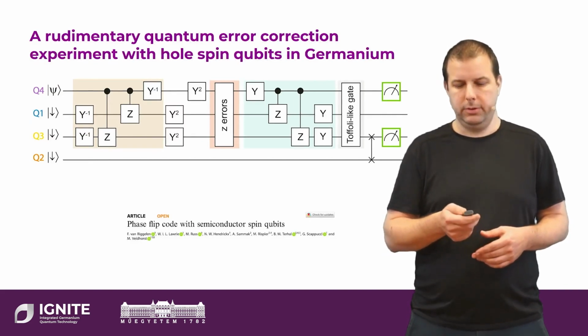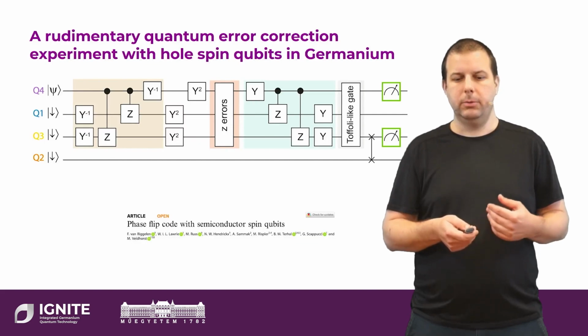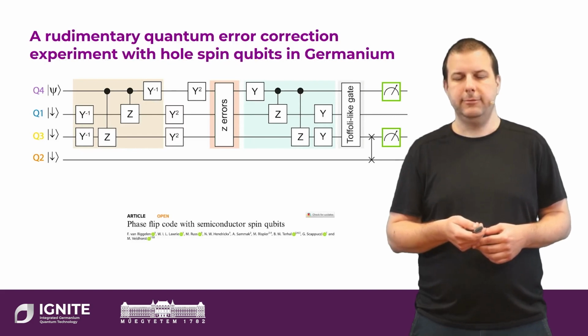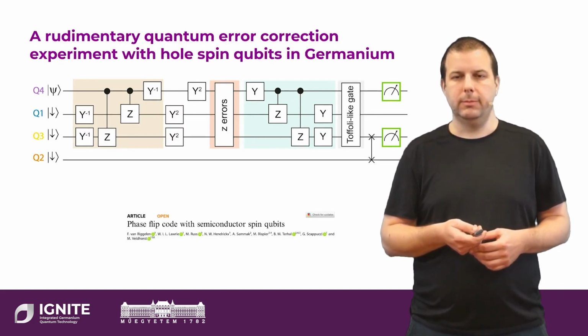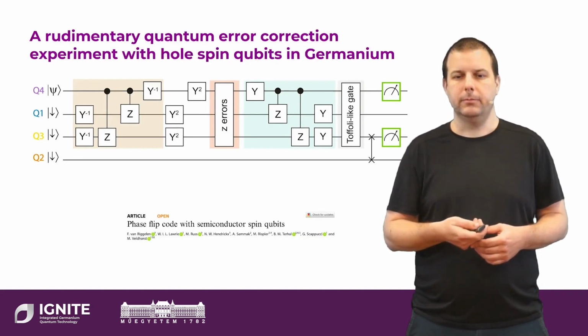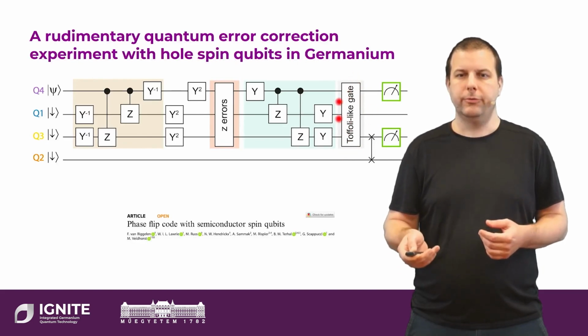A second important difference is that in the previous part, I discussed an error correction scheme where there were measure qubits. Measure qubits were measured, and also there was active feedback applied. So depending on the measurement outcome on the measure qubits, there was some active error correction happening on the 3 data qubits. Now all this is gone and reduced to a Toffoli-like gate.